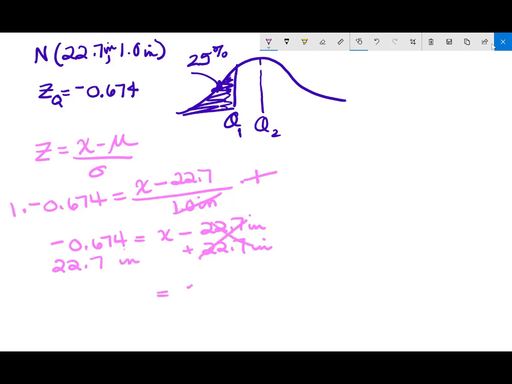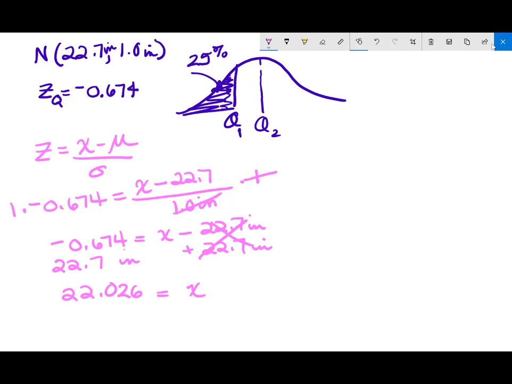So that means my raw score is going to be 22.026, and it would be reasonable to round it, following rounding rules, to one more than what we were given.